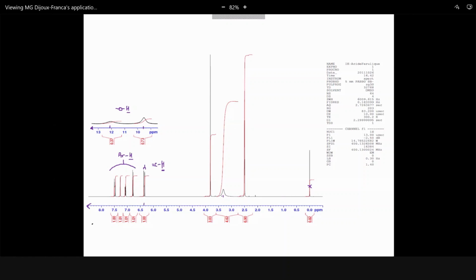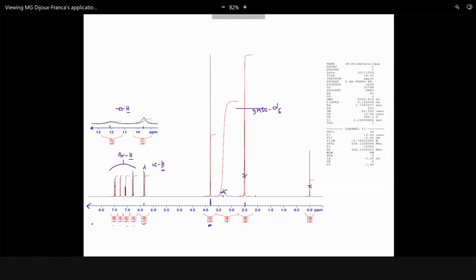What about this, and these are solvent? We are here in DMSO. So don't take care about that, and this one also. And what is interesting is these signals, you could see it's very high. And if we check the integration, I see that all these signals are for one proton each of them.